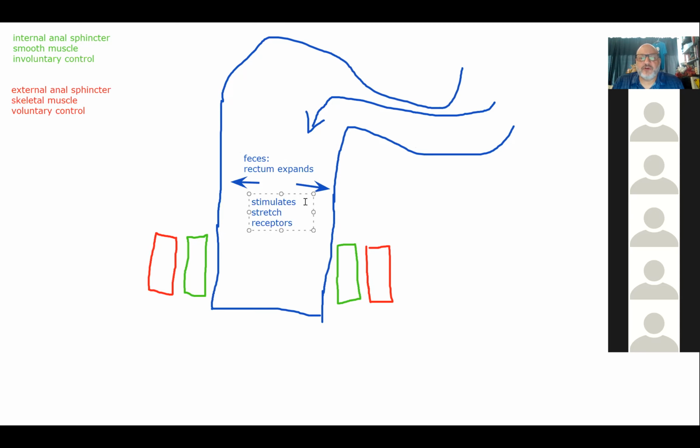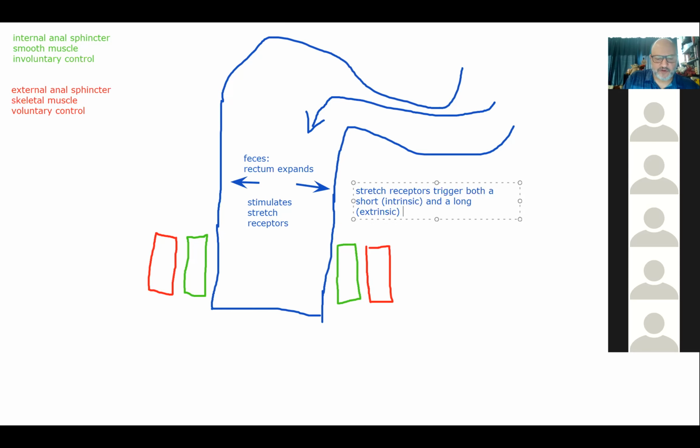Those stretch receptors are going to trigger both a short and a long reflex. So the stretch receptors trigger both a short, or remember what we call intrinsic, and a long, or what we call extrinsic reflex, or really both.